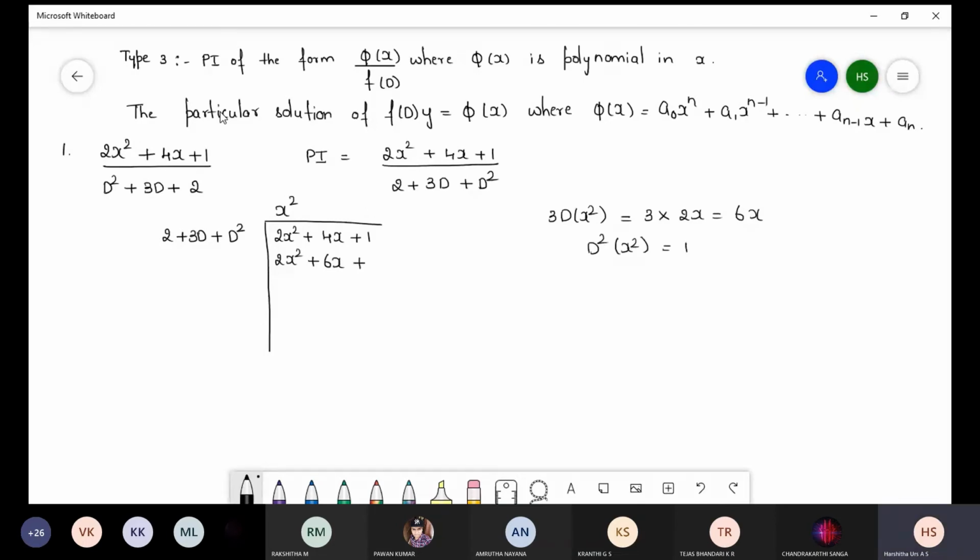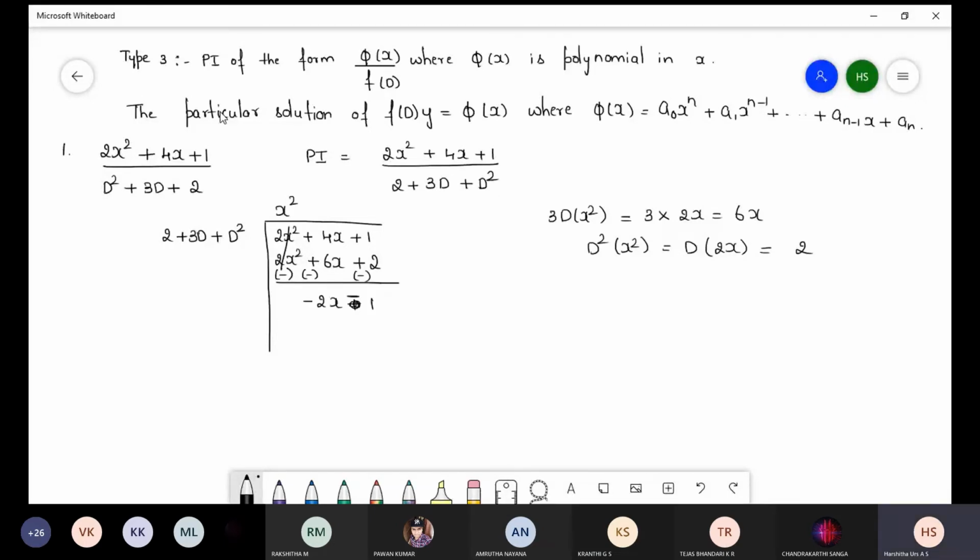The first differentiation of x square is 2x, the second differentiation is 2. The 2 I will write here. Now change the sign: minus, minus, minus. Minus 2x square, 2x square will get cancelled. Minus 6 plus 4 is minus 2x. Minus 2 plus 1 is minus 1.